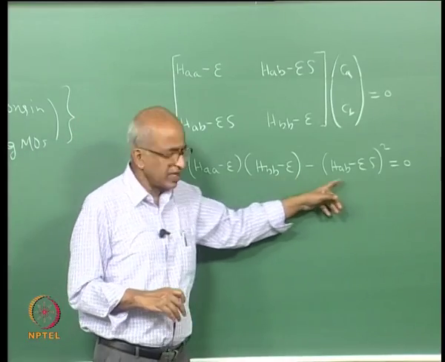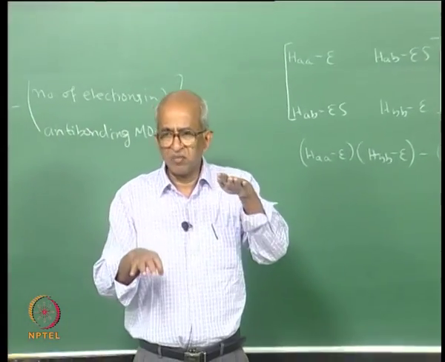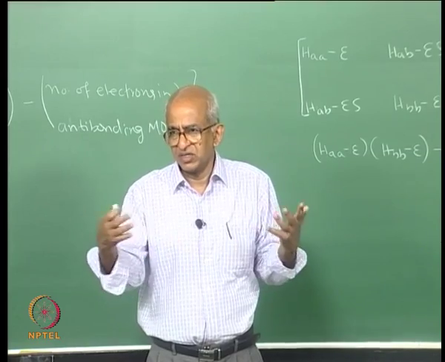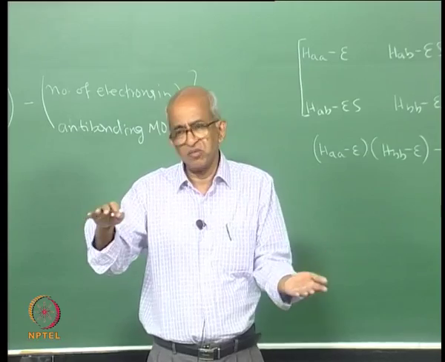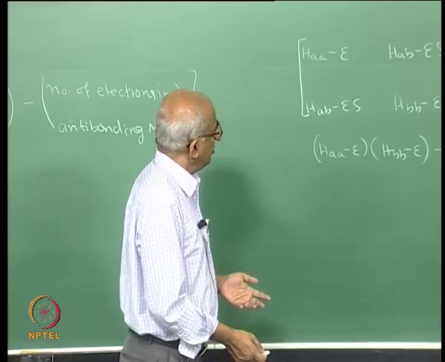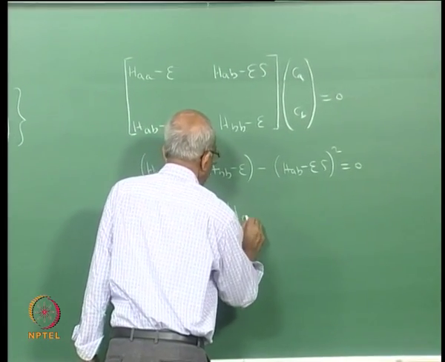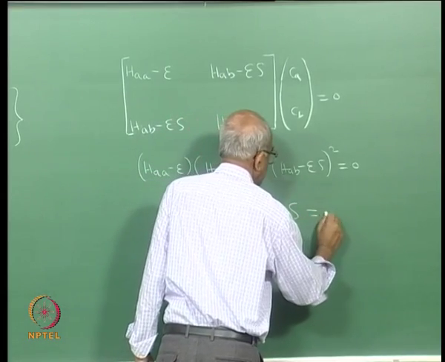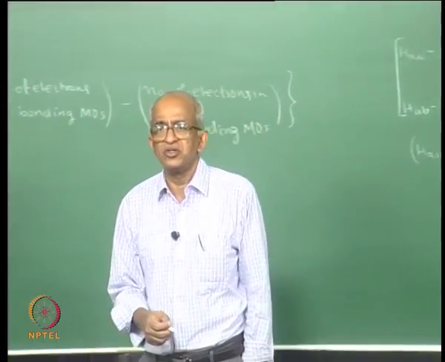Now, if you want, you can actually solve this equation and find out the values of script E. Whenever two orbitals interact, you can use this equation and find out the energies of the resultant molecular orbitals, because I have two atomic orbitals, they will combine to give me molecular orbitals. But suppose you had a situation where HAB and S both are equal to 0, both of them for some reason, suppose they happen to be equal to 0.